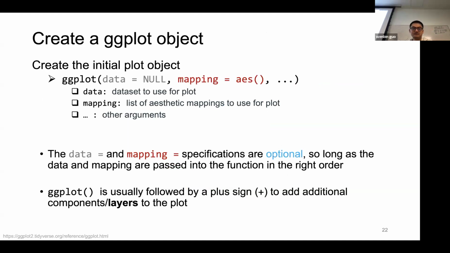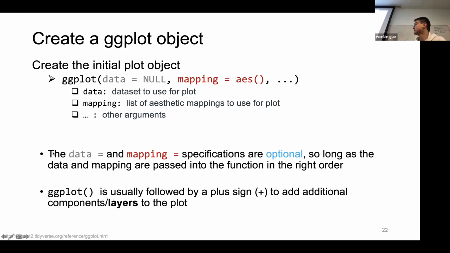To create a ggplot object, we call the function ggplot. First you need to load the package with library, and after that you can call ggplot, specifying your data and the aesthetic mappings. The data is the dataset used to plot. The mapping is a list of aesthetic mappings we are going to use, and there are also some other arguments.